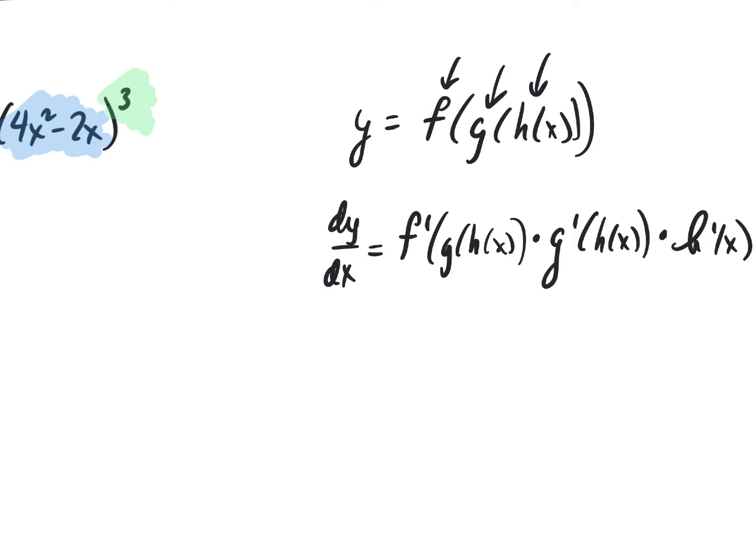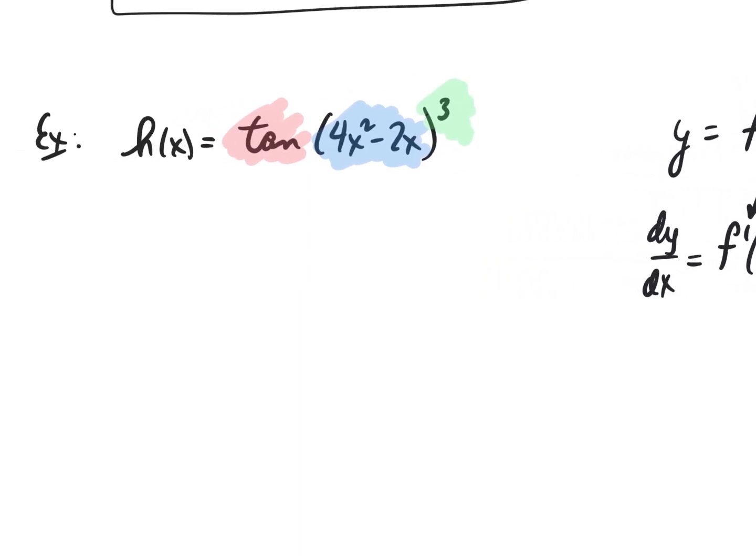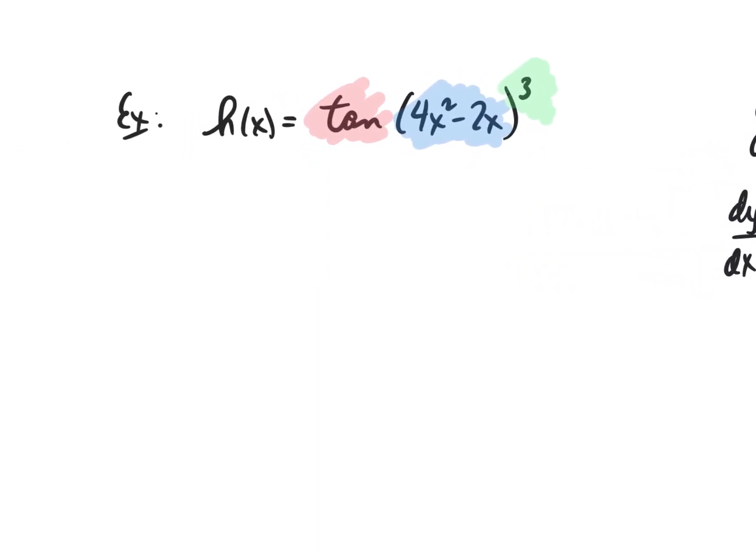So it's the derivative of the outermost function, leaving everything else alone, times the derivative of the middle function, leaving everything else alone, times the derivative of the innermost function. So outside to inside, outside to inside.